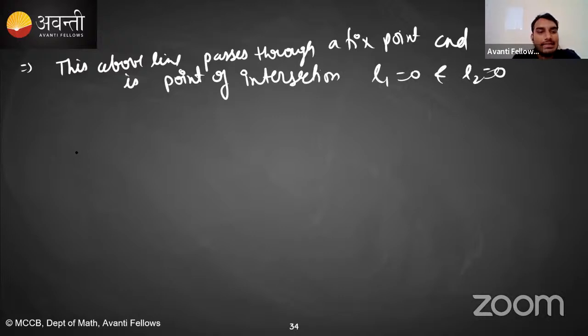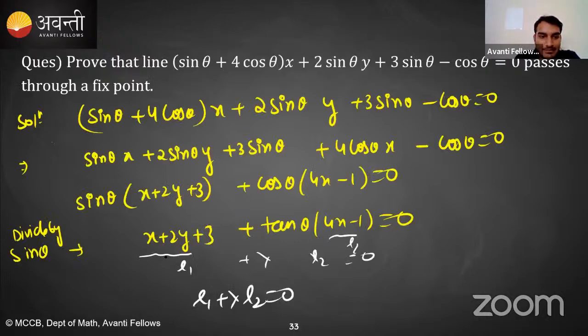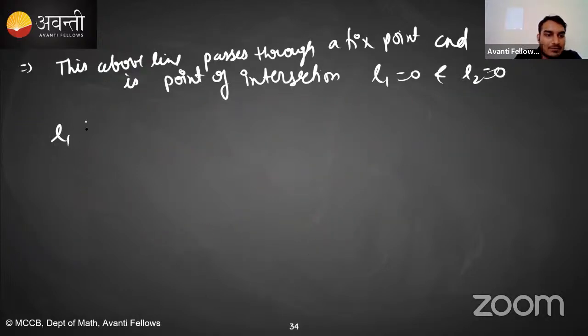Clear? Is this clear? What is L1? L1 is x plus 2y plus 3. So L1 is x plus 2y plus 3, and there will be cot theta.